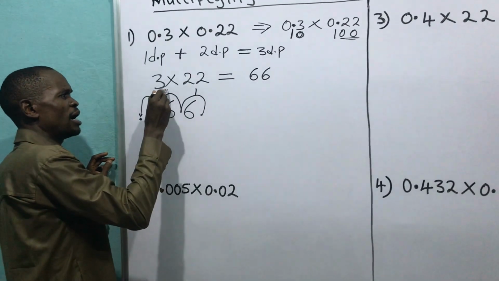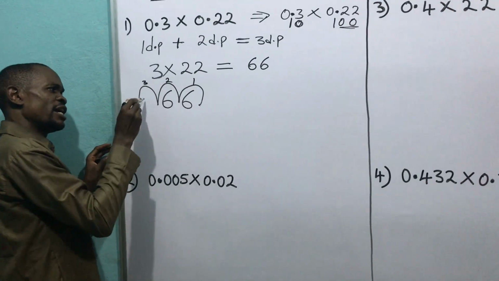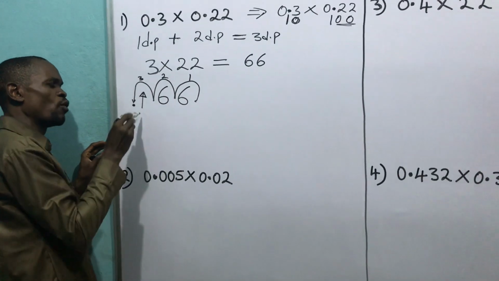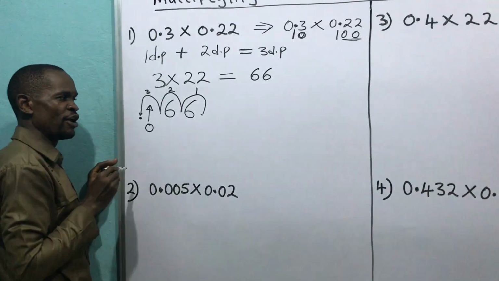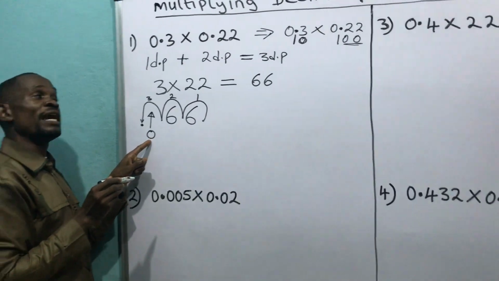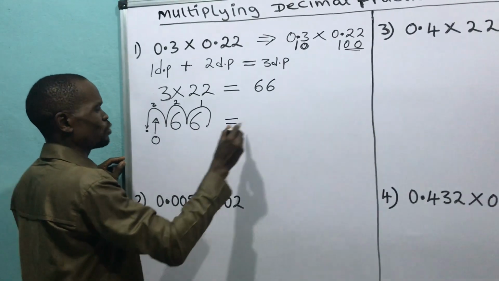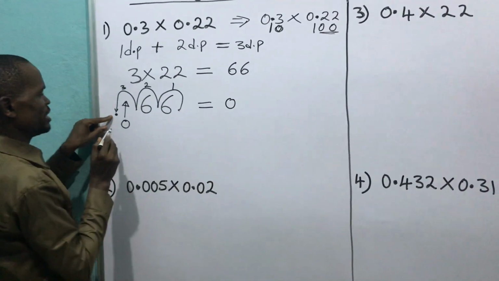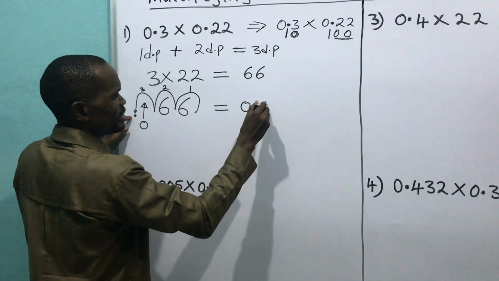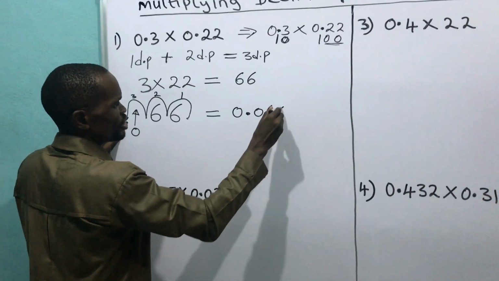That means 1, 2, and 3. Here, I'm going to put my placeholder, which is 0. This means 0, which is a placeholder, then 0.066.